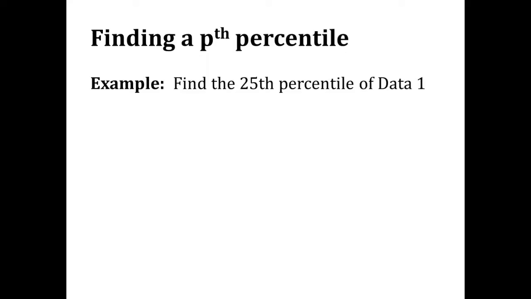Now, in a different example, we are going to find the 25th percentile of data 1. Having some experience from the previous example, once again I am going to look for the locator.